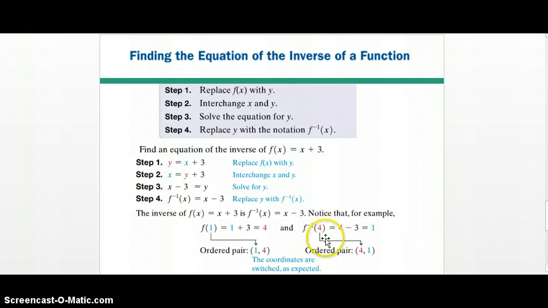We get the y value 1, so the ordered pair is (4, 1). Look at these ordered pairs. The coordinates are switched. Here the x value becomes the y value and the y value becomes the x value. The coordinates are switched as we expected.